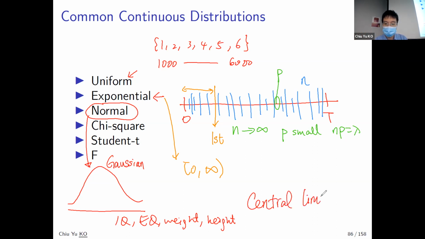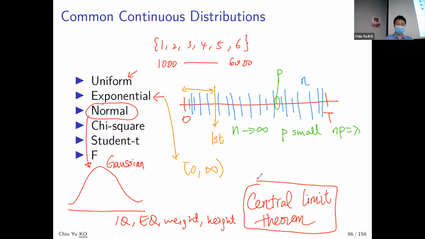Central limit theorem. And later it essentially says, if you look at a measurement that is formed by many factors, at the end you will get a normal distribution.